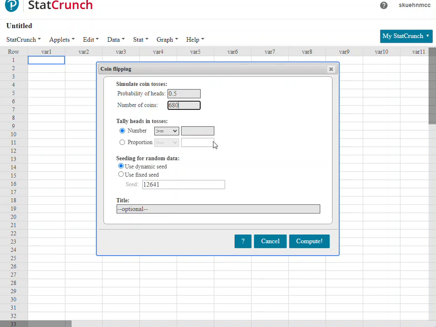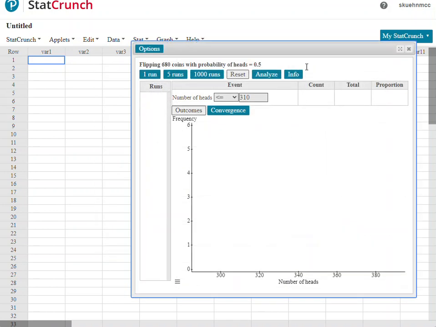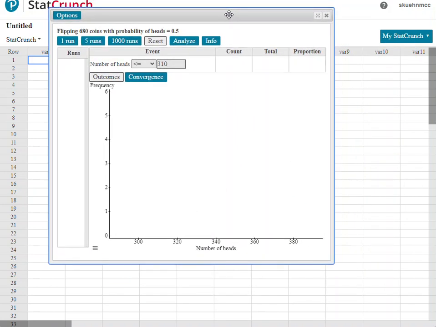And I want to see if the number of stocks that are picked is less than or equal to our 310 correctly picked stocks from the example. So we hit compute and we have this simulation process here.